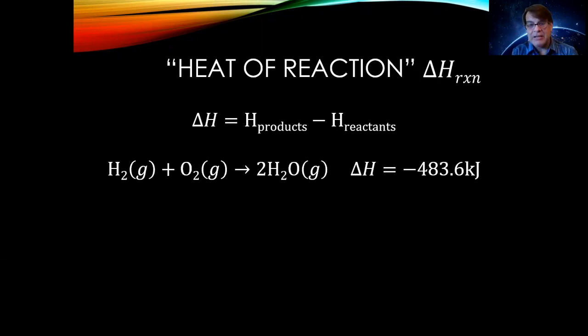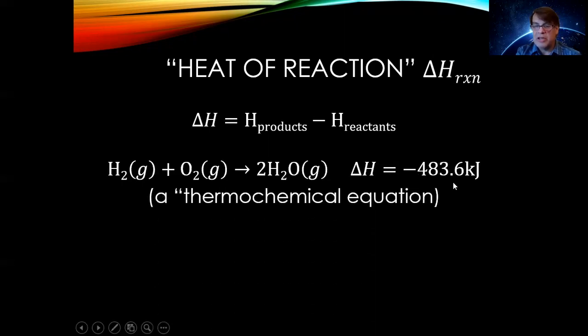It takes in heat for this to happen. So it's going to take 483.6 kilojoules of heat in order for this to take place, because you have to suck in the heat in order for it to happen. So the heat of reaction for this equation is negative 483.6 kilojoules.